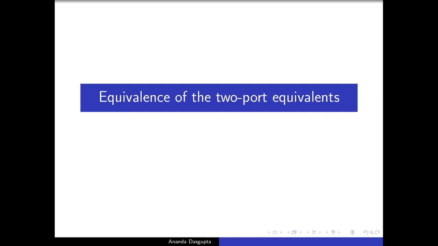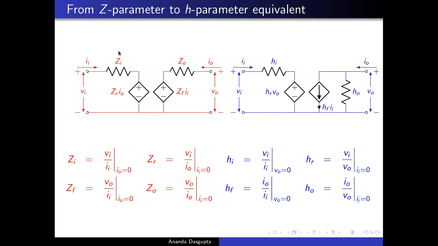So just to remind you, these here are the Z parameter and the H parameter equivalent networks to a circuit. So for the Z parameter equivalent, remember we take the input and the output currents, capital I-I and capital I-O, as the independent parameters. Here I am using the input-output notation rather than 1 and 2. There is no real mathematical difference between the two cases.